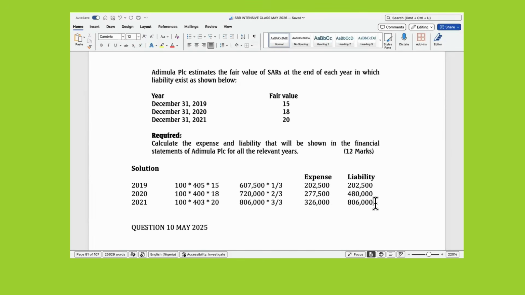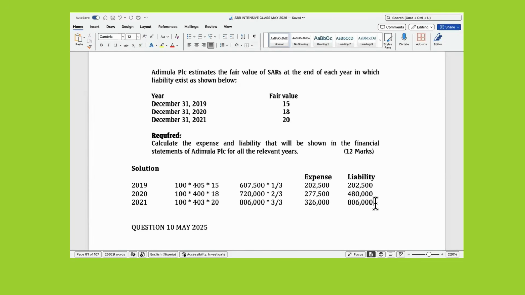But if we have more than one or two values there, do we also use it the way we have used the one for share appreciation rights? No. You will still use the fair value at the grant date of the share option if it's equity settled. That's what we use for all the years.